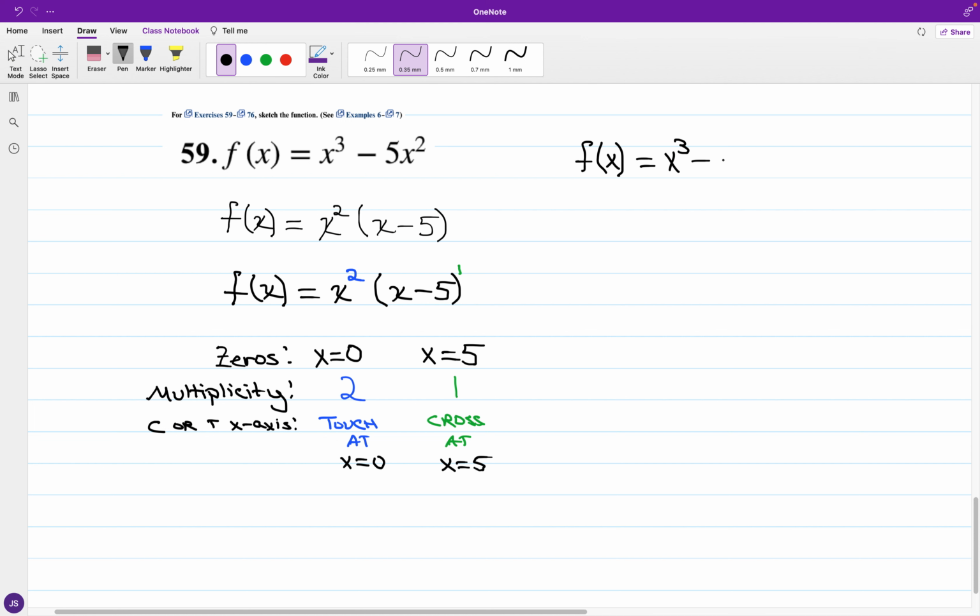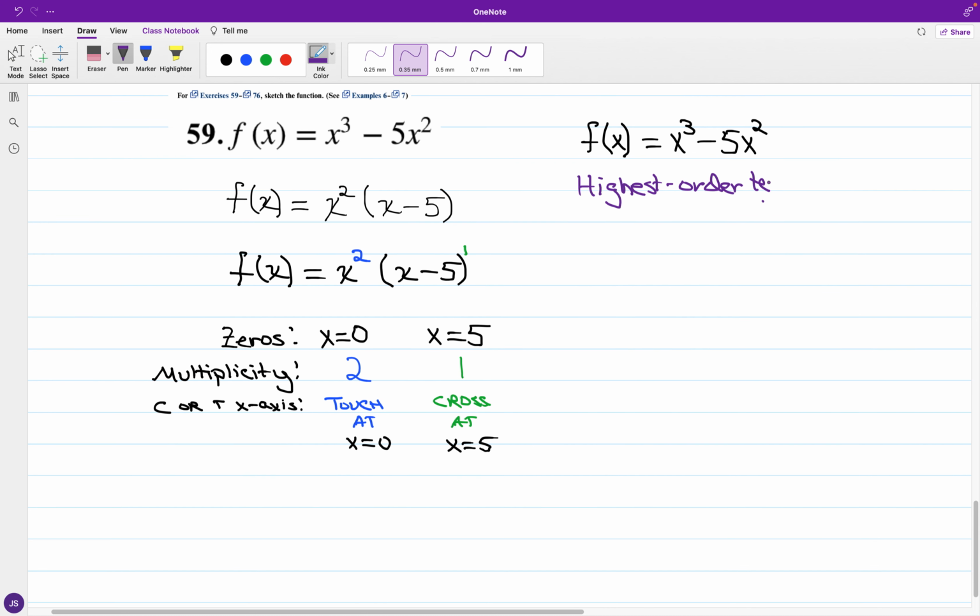and just looking at the expanded form once again, you have x cubed minus 5x squared. We have the terms laid out in descending degree order, so the first term is the highest order term. That's going to be x cubed.